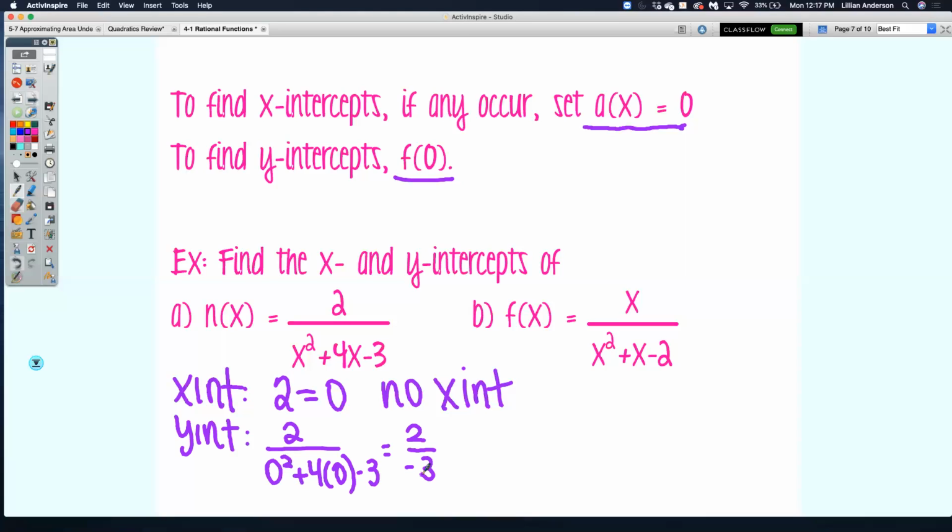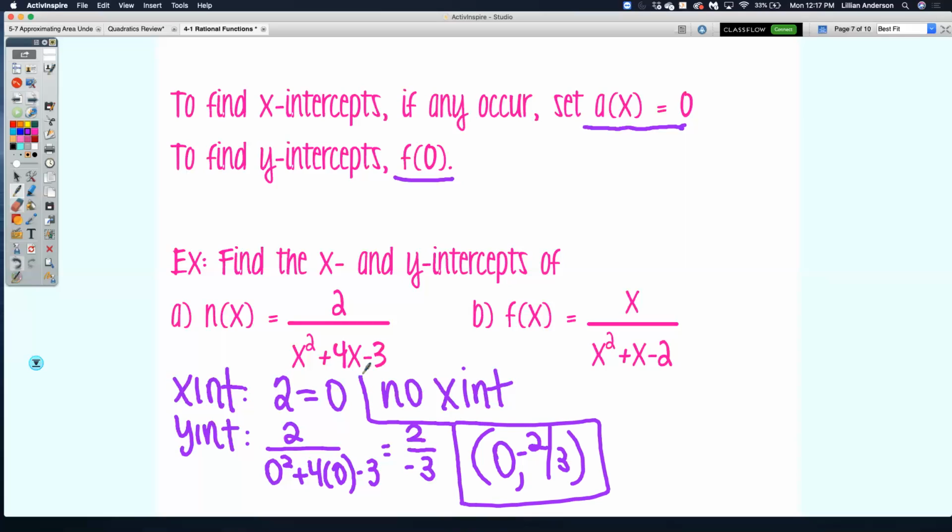So my y-intercept is the point 0, comma, -2 over 3. It doesn't matter that the denominator is negative, it makes the entire fraction negative. So I have no x-intercept for a, but I do have a y-intercept of -2 over 3.